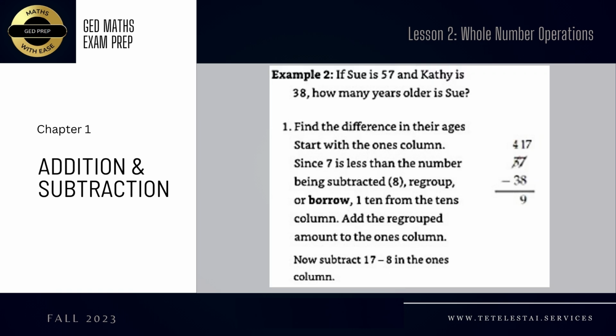So in this example, we're told that Sue is 57 years old and Kathy is 38. And we need to find out how much older Sue is than Kathy, right? And so, like I said earlier, you want to start with the largest value, which is 57, because if you put 38 first, you would end up with a negative number, right?